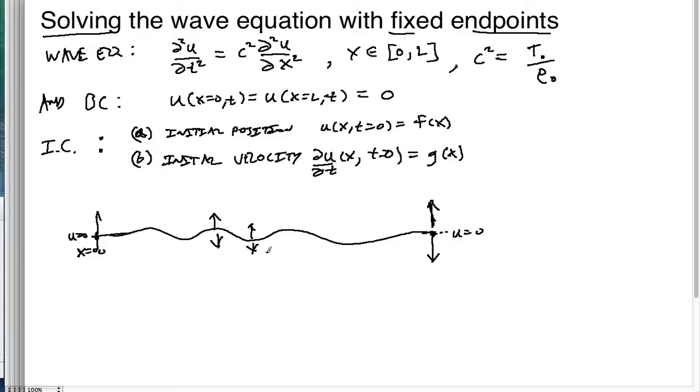Because this is a system with a mass density, and there are forces involved, we're talking about a second order time system, because this is, of course, an acceleration term.